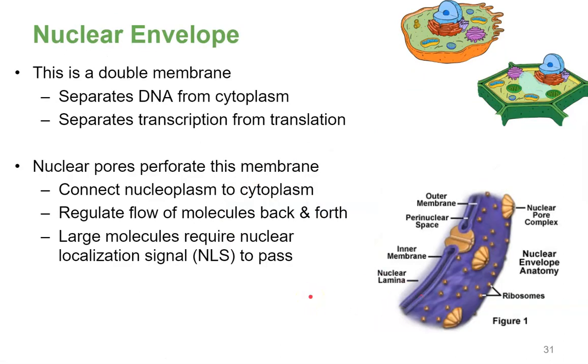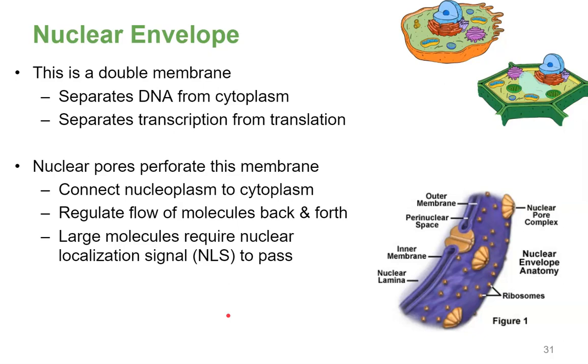So the nuclear envelope has pores, and the pores look like this, and they are very selective into what comes into the nucleus and what exits the nucleus. So they're not going to allow DNA to leave the nucleus through the pores. Not going to happen. DNA stays inside the nucleus.